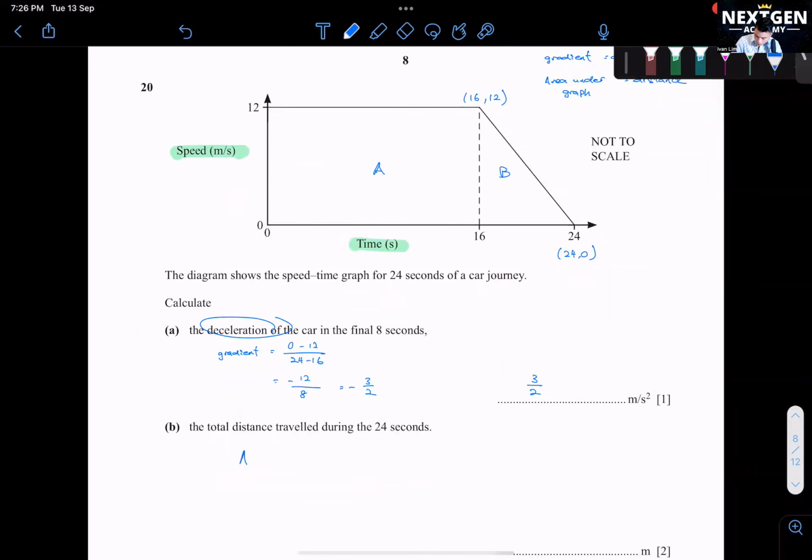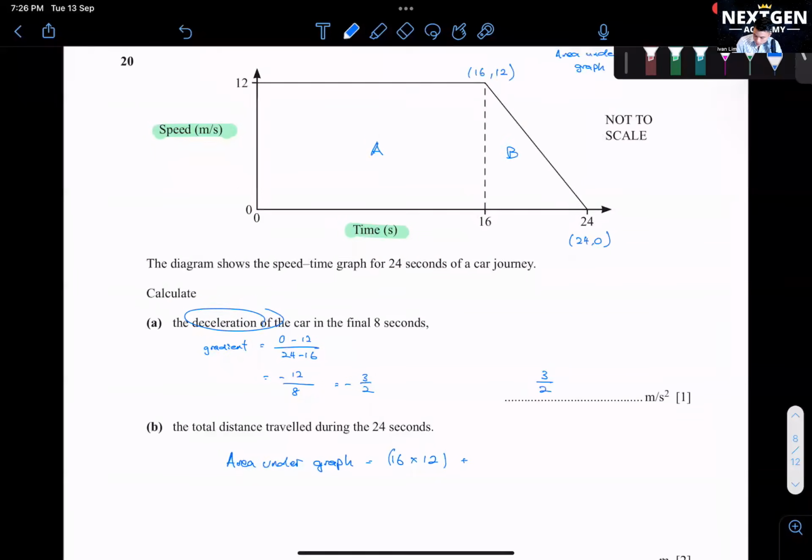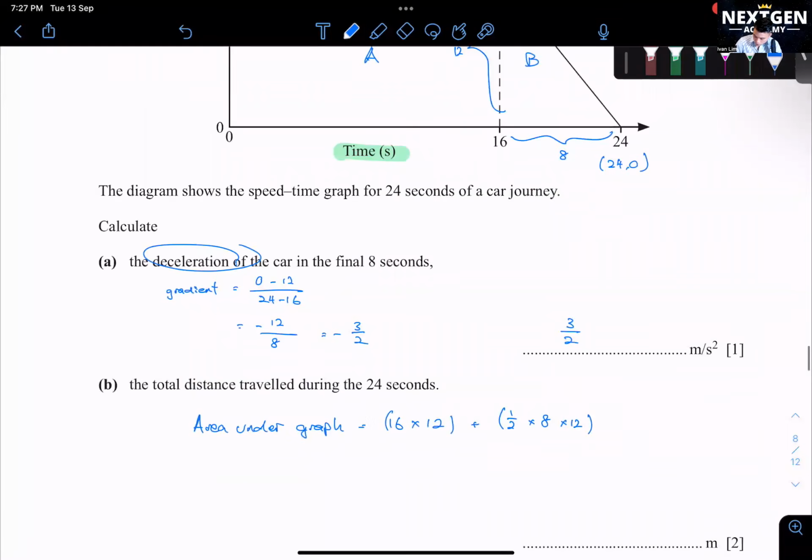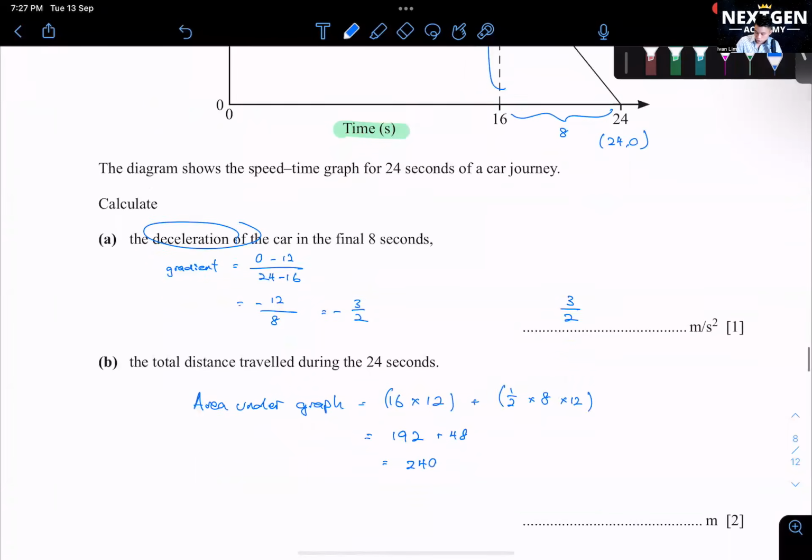So area under the graph: area A will be 16 times 12, then plus the triangle, which will be half times base, the base is 8, times height, which is 12. Type this in a calculator. You get 192 plus 48, and you'll get 240.